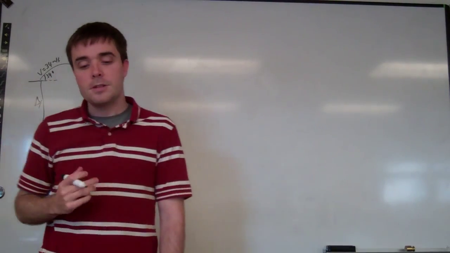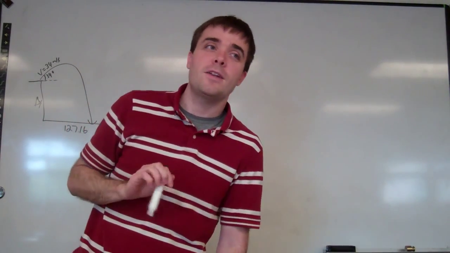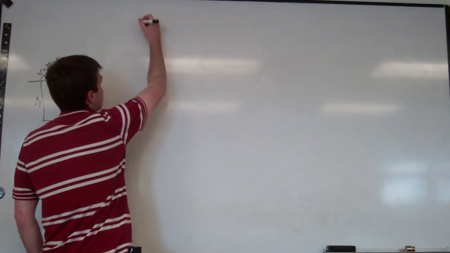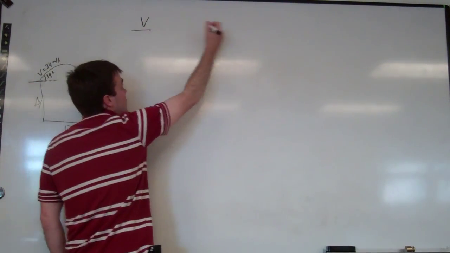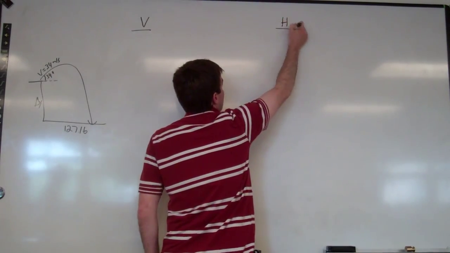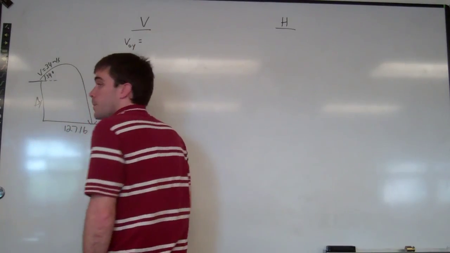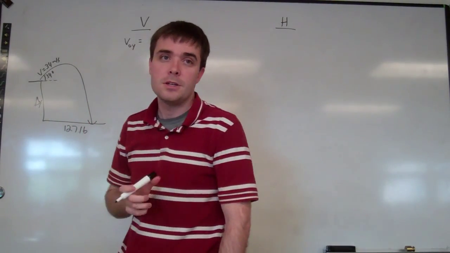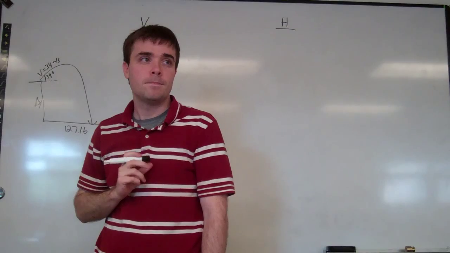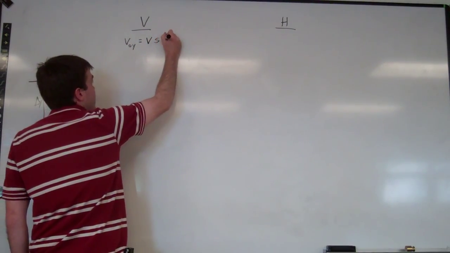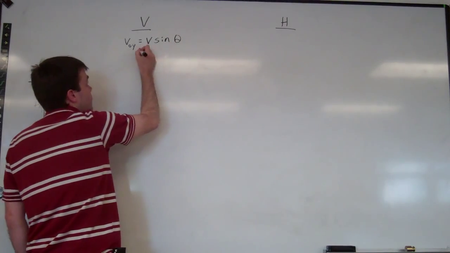Okay, so this is when we have to find V0y and Vx using the angle and the overall initial velocity. So you have a vertical component still and a horizontal component. How do we find V0y? It's the initial vertical velocity. Yep, so we do v sine theta.